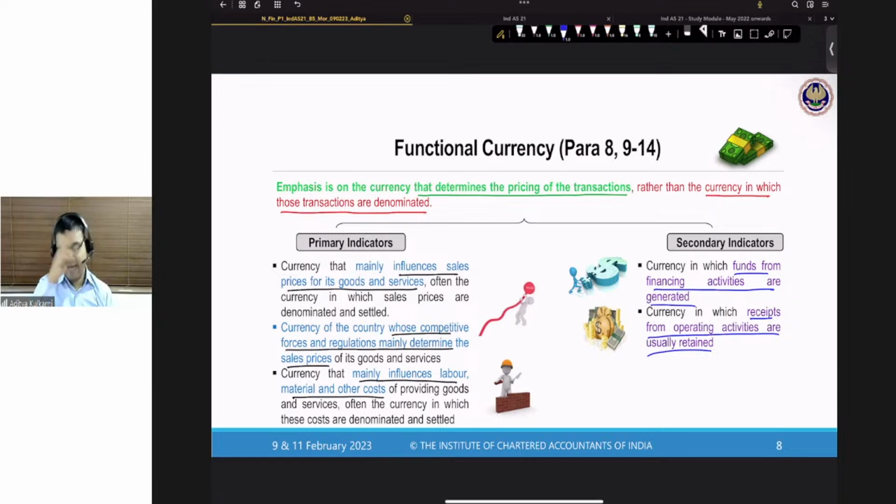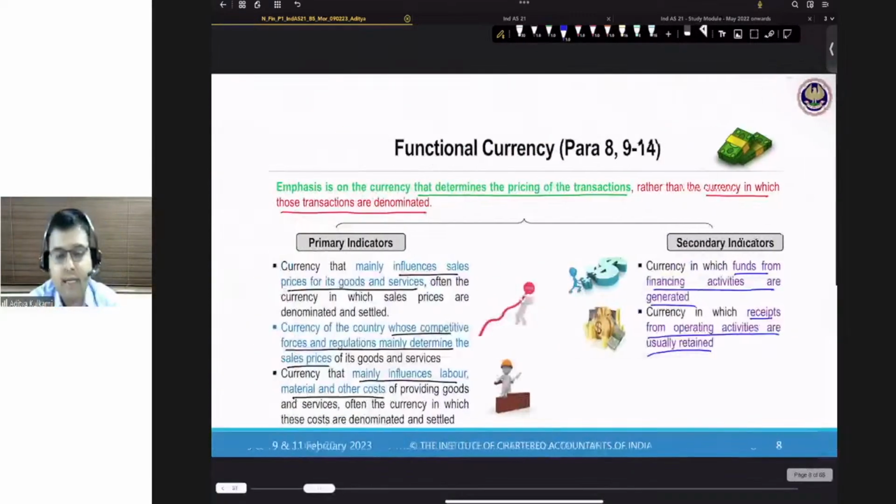Does it retain it in INR or does it repatriate it back to UAE in the form of dirhams? In which currency will it keep it? That is something you will have to look into. Even after this, if there is still a tie, or if it is still inconclusive, then it is a judgment call to say which is your functional currency.